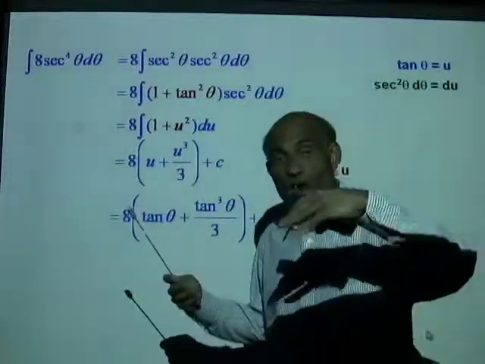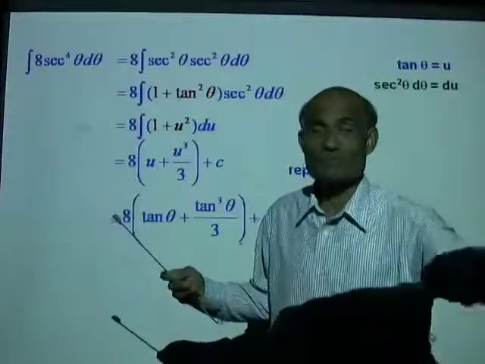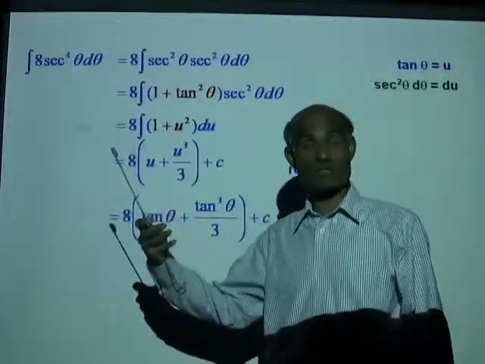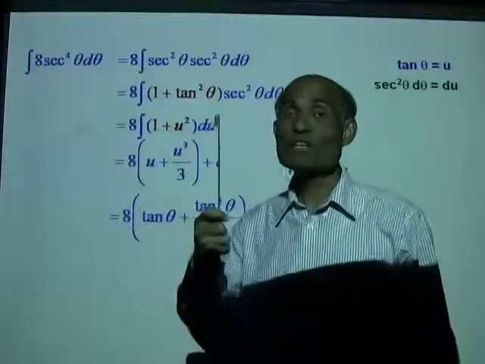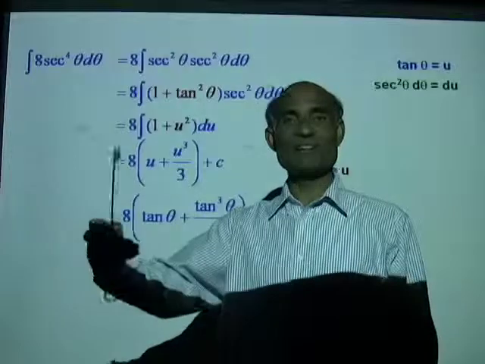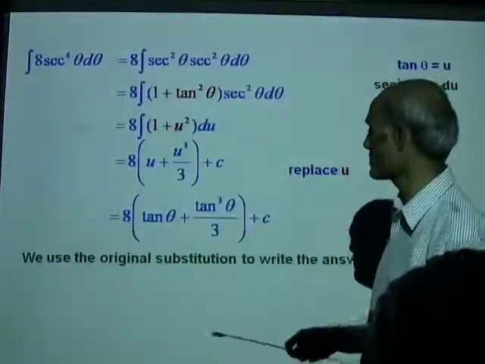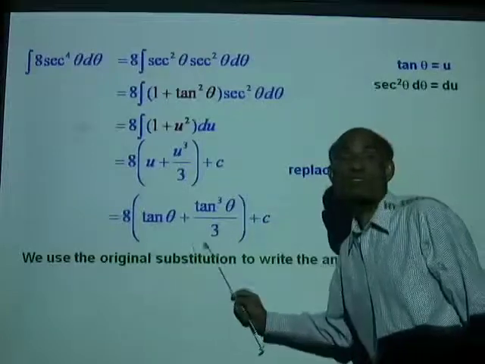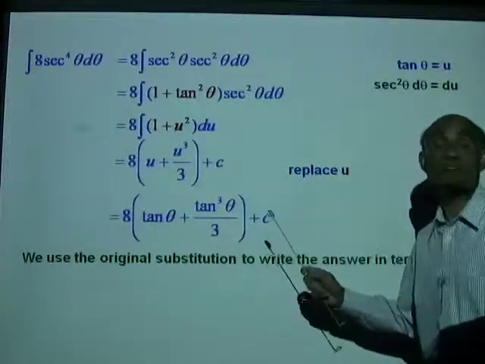So we now go back to our original substitution. You remember our original substitution when we started? Yes. It is x equal to 2 secant theta. That was our original substitution. So we use the original substitution to write this result in terms of x.